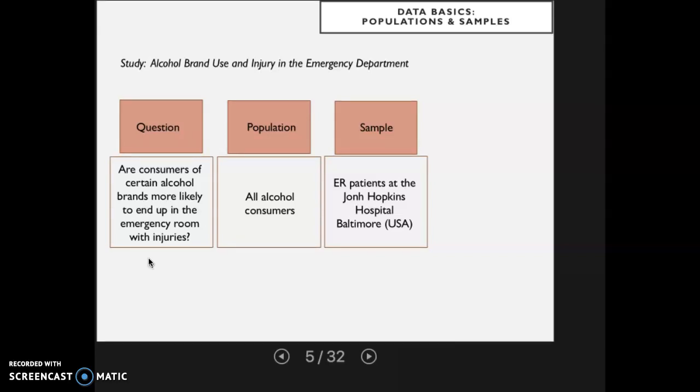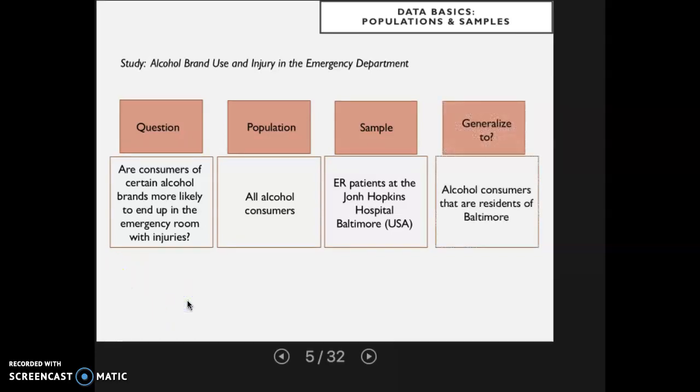So the actual population that the data generalizes to is not everybody, but alcohol consumers that are residents of Baltimore. This is so because certain brands may be more easily available in this area than in other areas due to particular trends in the market and market share. Maybe there is some transient effect due to a particular brand being on sale, different things that could introduce idiosyncrasies in the data.